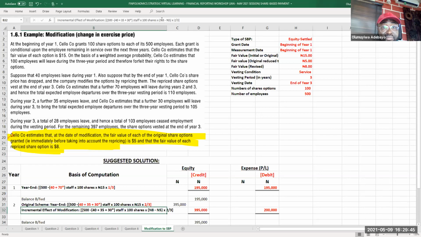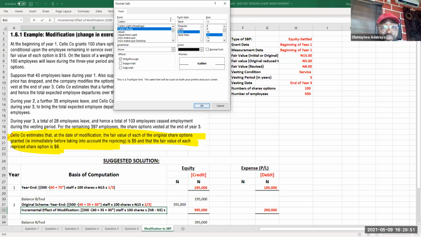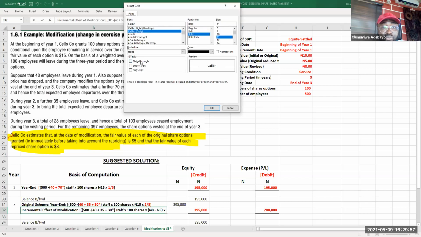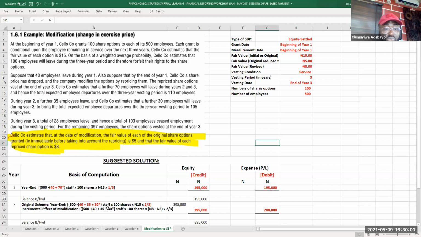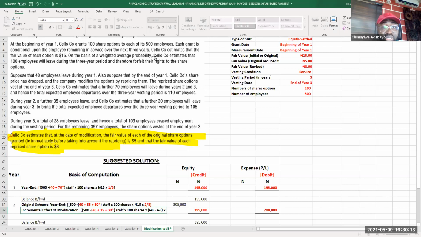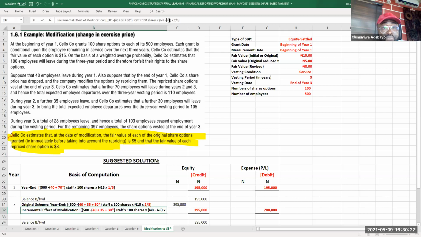And that is it, which means the additional costs created by such modification have to impact the profit or loss of the entity as at that date, which is $3, or dollar as the case may be.